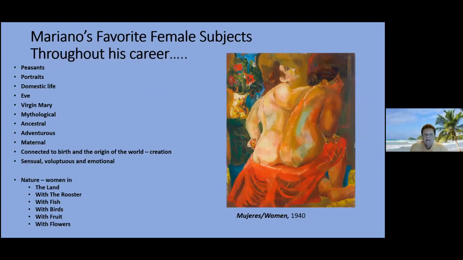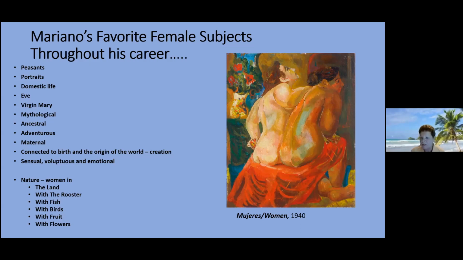His favorite female subjects throughout his career, and there are many of them: peasants, portraits, domestic life, Eve, the Virgin Mary, mythological, ancestral, adventurous, maternal, the woman connected to birth and the origin of the world, creation. She's sensual, she's voluptuous, she's emotional.